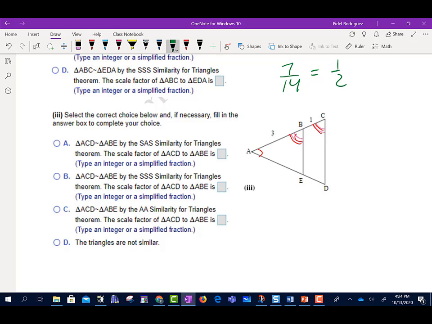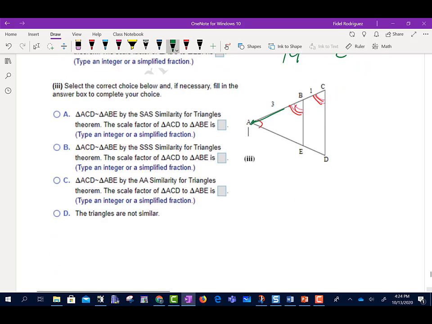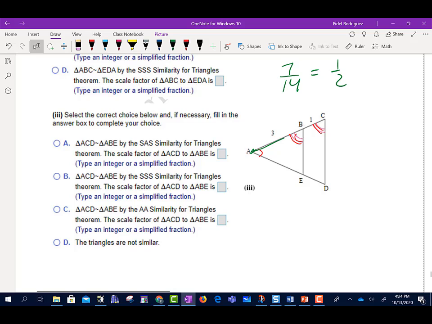So triangle ACD is sort of the bigger triangle here. And then the second triangle we're looking at is ABE, which is this smaller one right here. So we have this angle and this angle here.